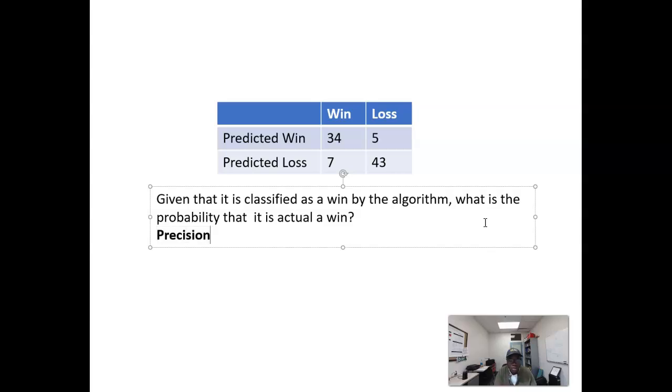In terms of math, it'll be 34 divided by 39. Given that it's classified as a win, the denominator is 34 plus 5, and the numerator is 34. So 34 over 39. We will sometimes want to know what our precision is, so be aware of that.